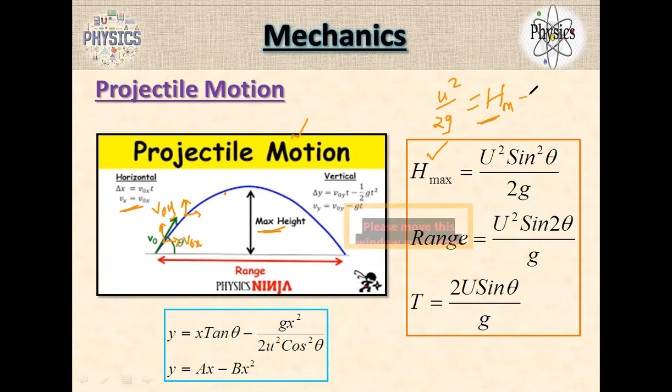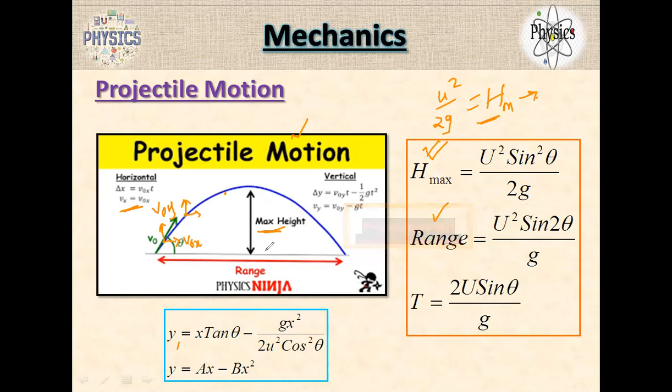This is for vertical motion, and we have already obtained it. But in projectile motion you have a theta value, so it changes. How do we get this, and how do we prove that this is a parabola? Those are the two tasks in front of us.